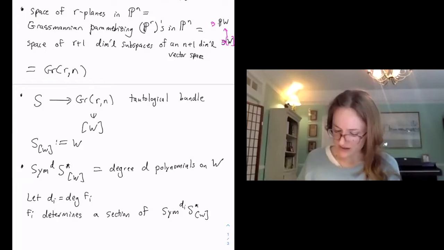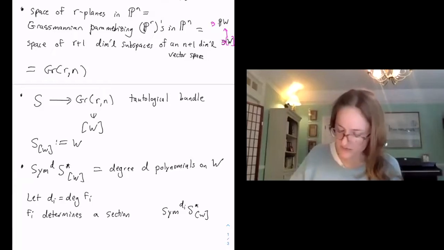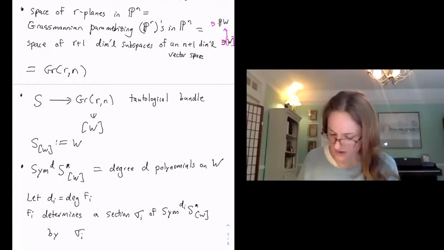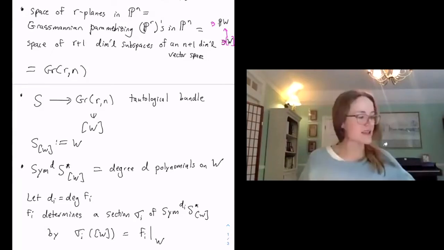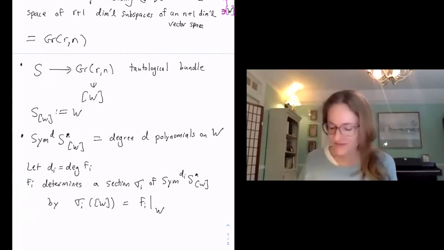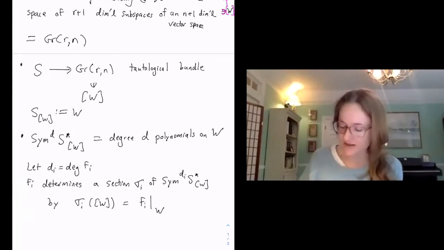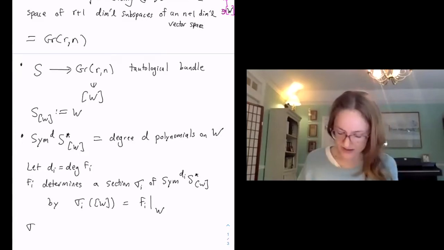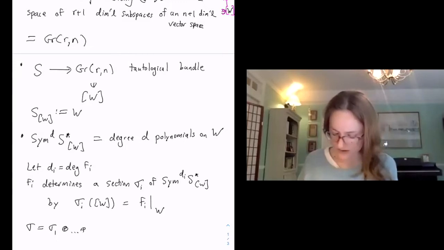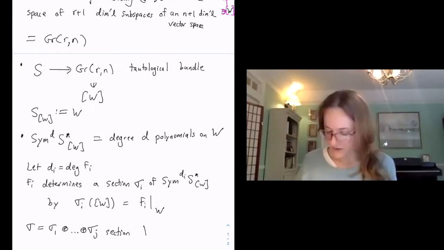Let's call this section sigma i, where sigma i at the point W is Fi restricted to W. Fi is a polynomial on the entire vector space, so it restricts to a polynomial on each W, and this gives an element of Sym^di of S dual at W. So from the choice of our equations, we get a section sigma, the sum sigma 1 through sigma j, a section of, let's call this vector bundle V for convenience, the direct sum of the Sym^di S dual.